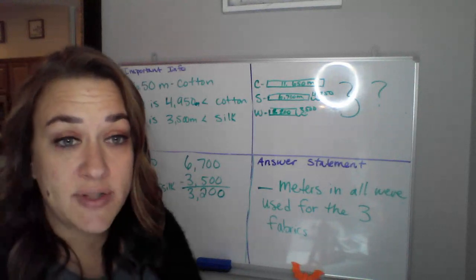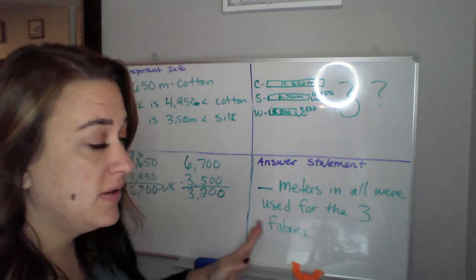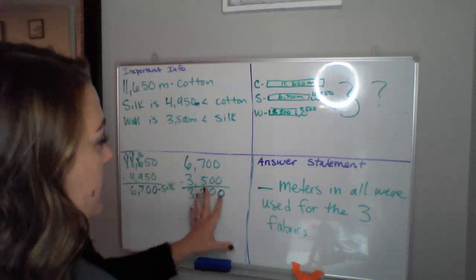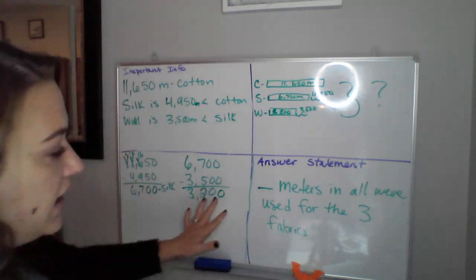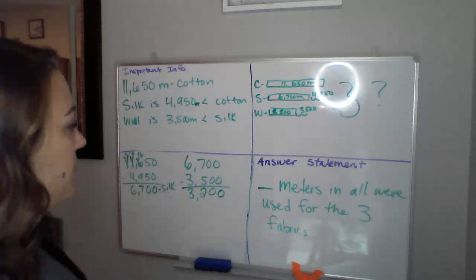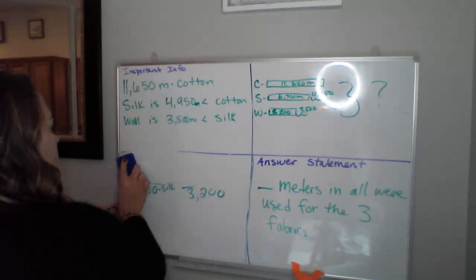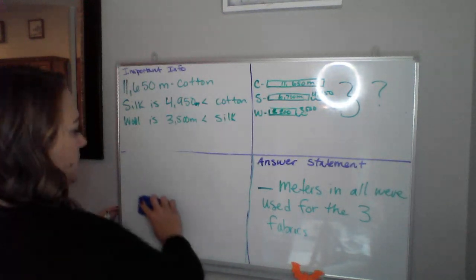So to find the total of something, we're going to use addition. So we were trying to find the difference, and now we get to use addition. So because I have these numbers recorded and I need a little bit more room, I'm going to erase that. But normally we would want to leave all of our work to check, double check ourselves.